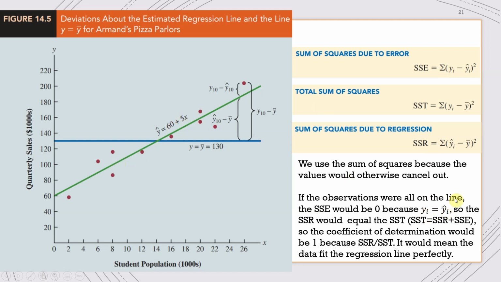They'd always be on the line. So the sum of squared regression would equal the sum of squared total. Why? Because remember, our equation was sum of squared total equals regression plus error. So if error equals 0, then the sum of squared total equals the sum of squared regression.